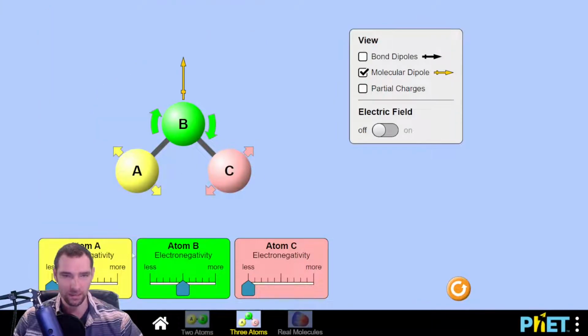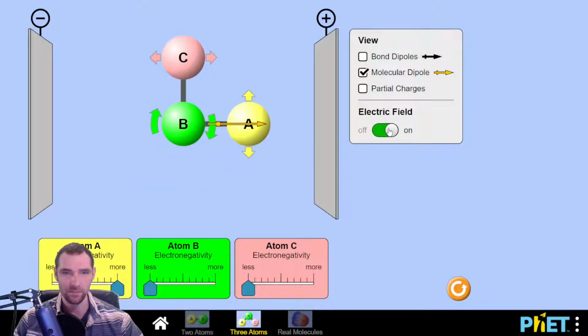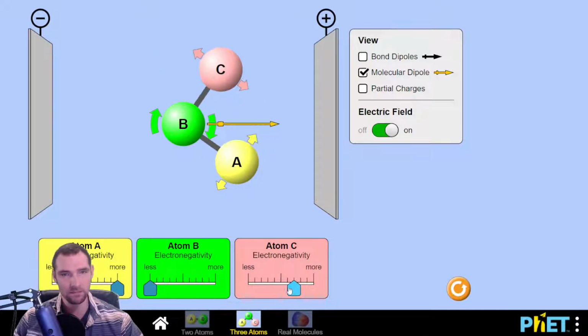You can also have multiple things kind of coming together. So if I make A really electronegative and these things not very electronegative, the electrons are going to spend most of their time around A, right? And these other things are not going to be quite as important. But maybe C is pulling on the electrons too.